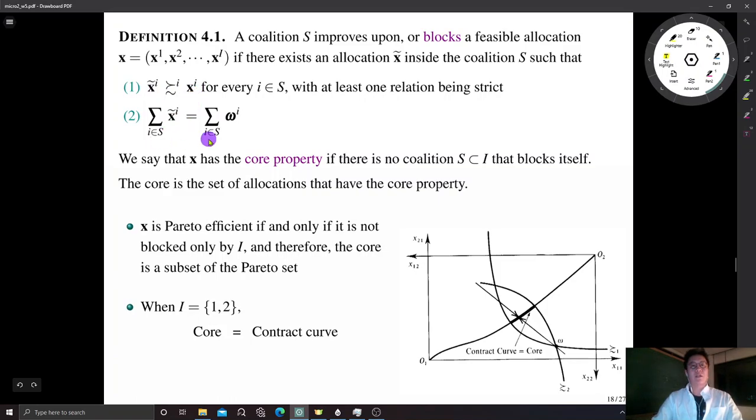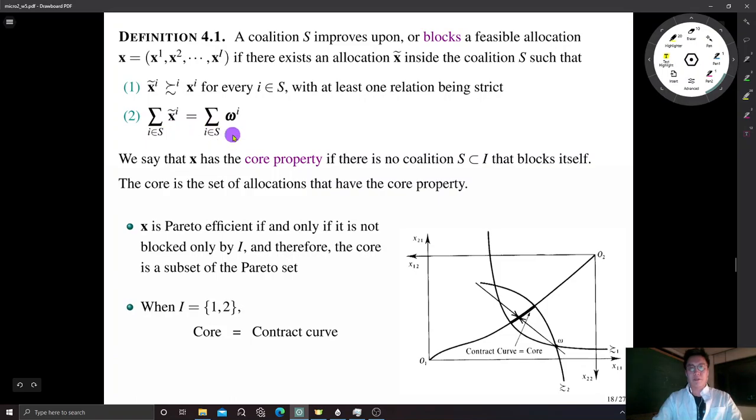And the second condition is a feasibility condition. That better allocation X tilde must be feasible inside the coalition, meaning that the aggregate bundle inside that coalition, if we sum over X tilde, the aggregate demand inside the coalition should be equal to the total endowment inside the coalition.